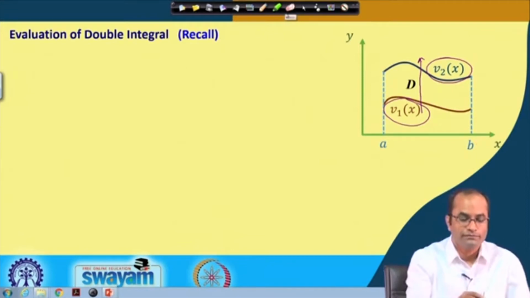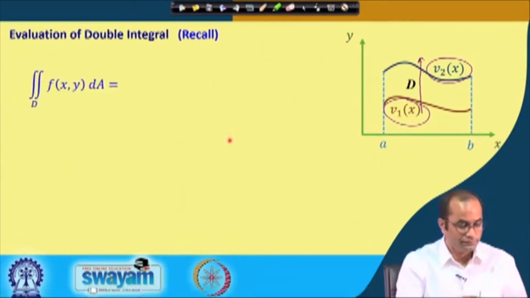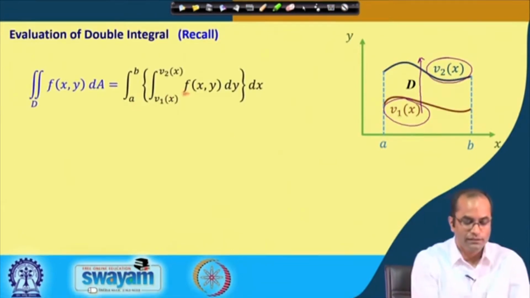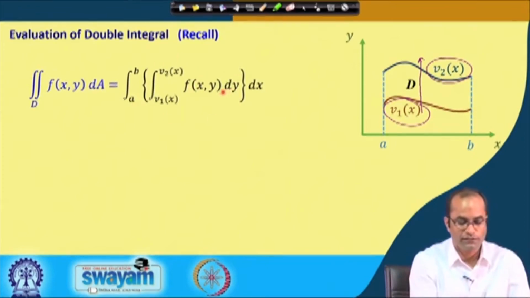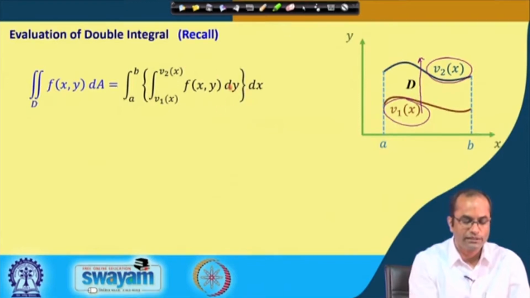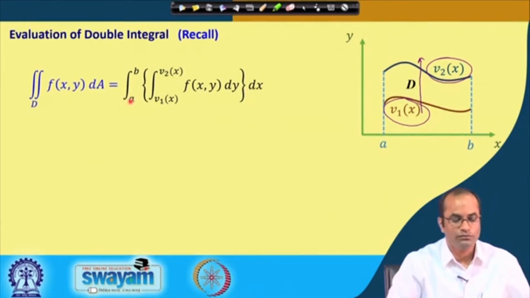So this double integral will have the inner one with respect to y, with limits from v1(x) to v2(x), and at the end we integrate with respect to x, with limits from a to b.